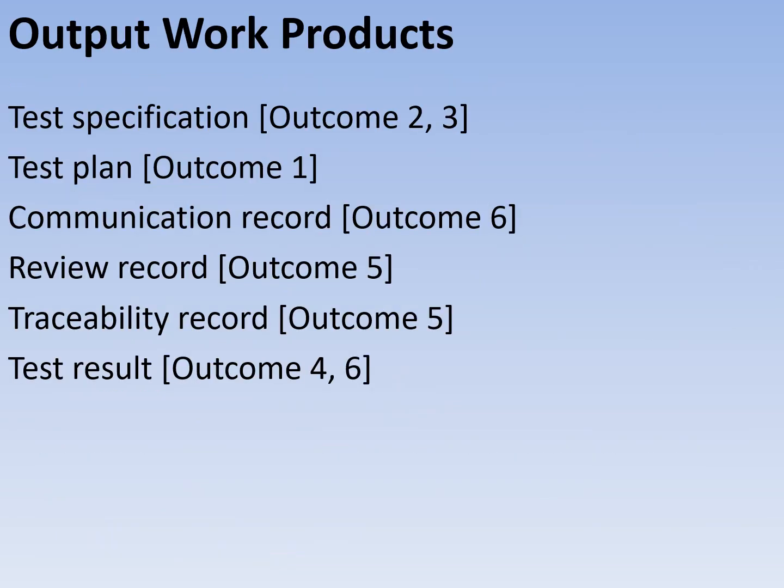Output work products: the test specification, the test plan, communication record, which is there in all the SYS level steps, review record, which is again there in all the SYS levels, traceability record, and the test result.